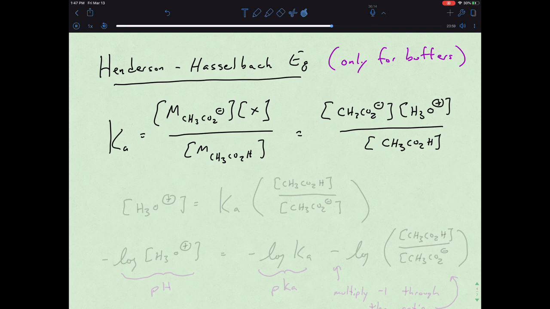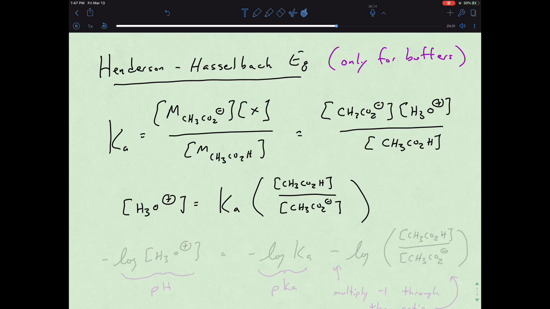So if I manipulate that a little bit, for instance, let's take the acetate and the acetic acid to the other side. Our hydronium ion, which we've now isolated, would be equal to the Ka times the ratio of acetic acid, parent acid, over its conjugate base.